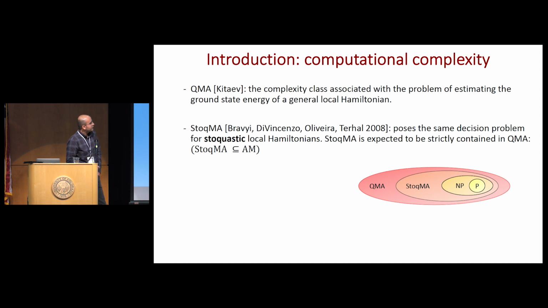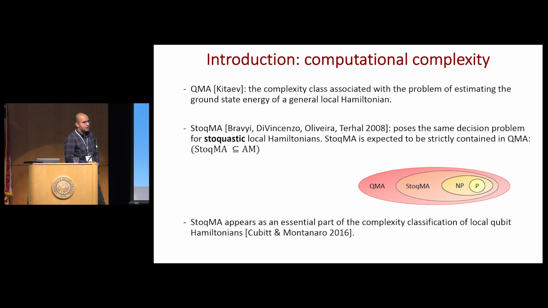Also, they show that this complexity class is expected to be strictly contained in QMA. More technically, they show that STOCHMA is included in AM, and even a more restricted version of that. But the message that I want to clearly say is that for this specific problem, estimating the ground state energy, the complexity class STOCHMA shows up as something between classical Hamiltonians and the most general local Hamiltonians.